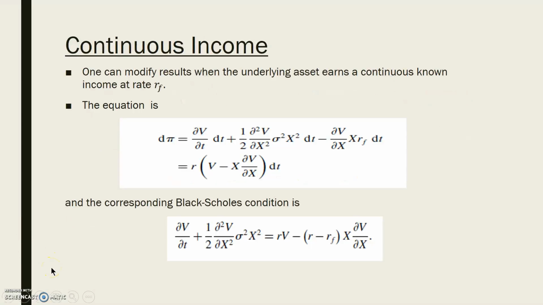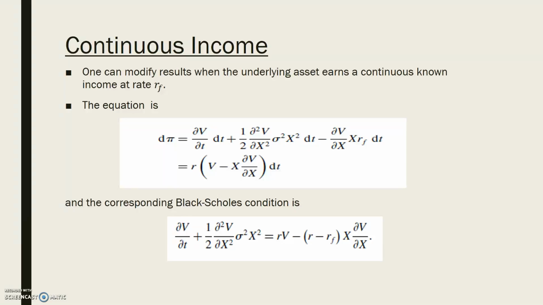And when we want to deal with continuous income, we can modify the results when the underlying asset earns continuous known income at a rate r_f. The equation for that is d pi equals partial v over partial t dt plus 1/2 partial squared v over partial x squared sigma squared x squared dt minus partial v partial x of x r_f dt.